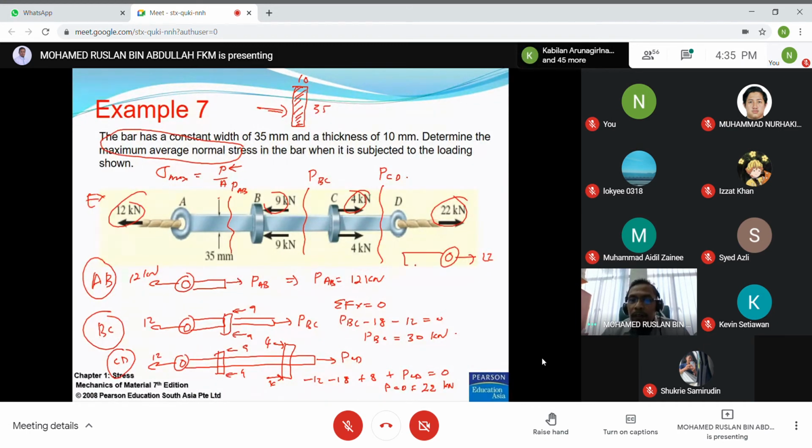So PCD equals 22 kilonewton. The answer is the same, so don't worry. Whether you choose the right hand side or left hand side, it doesn't matter.